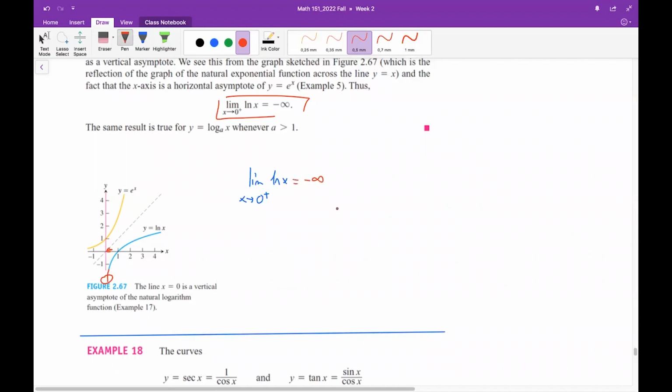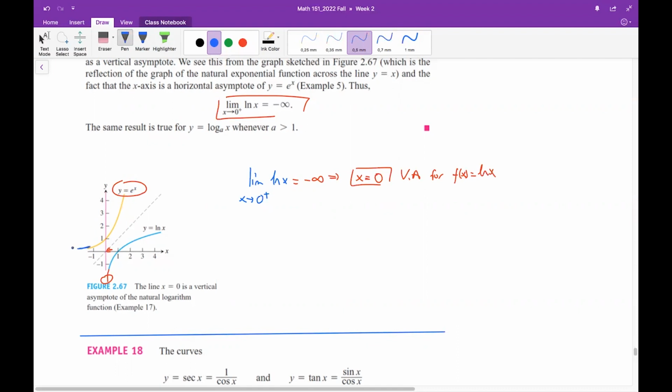That's why this limit is minus infinity. And that's why you can conclude that x equals 0 is a vertical asymptote for f(x) = ln x, okay? And also for this one, this time there is none; for e to the power x, we already covered this function above.